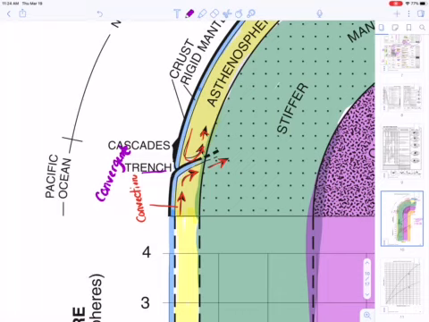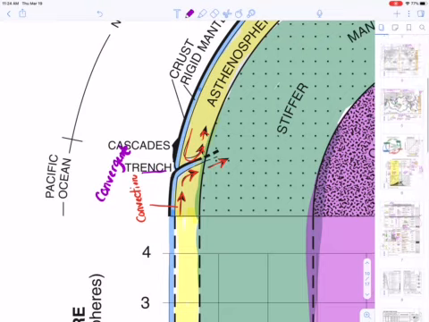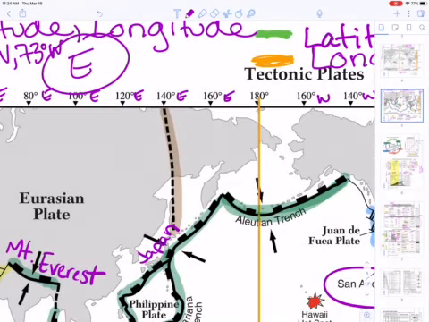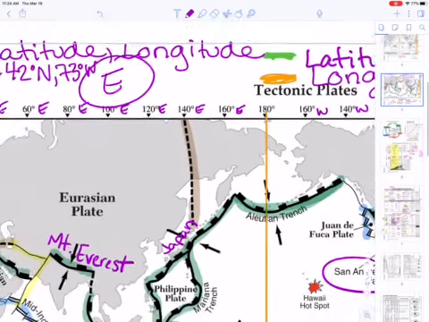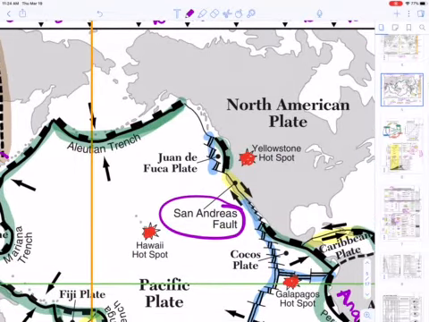It's saying the Cascades, and where are the Cascades? Well, if we go here, our Cascades are right over here. Those are our Cascade Mountains, up in the Pacific Northwest of the United States. And that is all for our convergent boundaries.